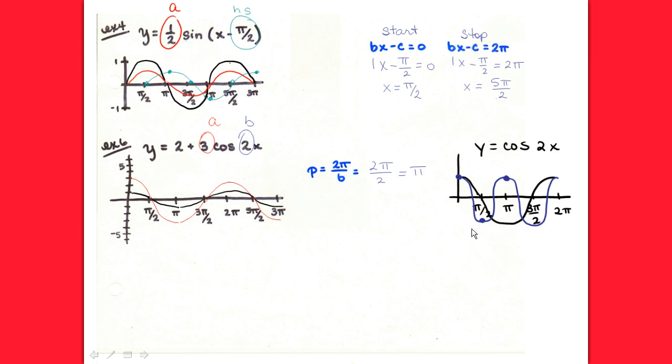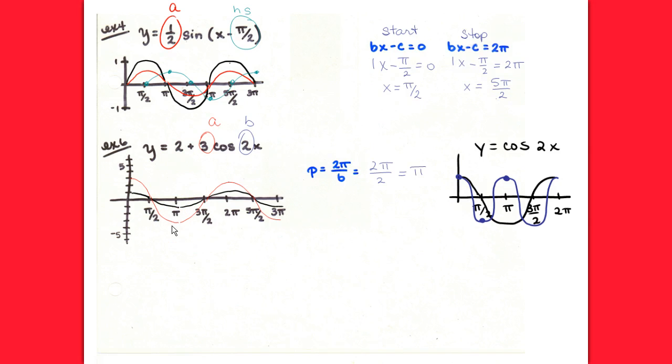Okay, so let's take that period change and apply it back over here to this problem that we were working on. When we stopped, we had already taken care of the amplitude, so we were going up to 3 and down to negative 3. Now I need to draw that red graph so that it has a period of pi. That means I need to draw that red graph so it's done by the time I get right here to pi.